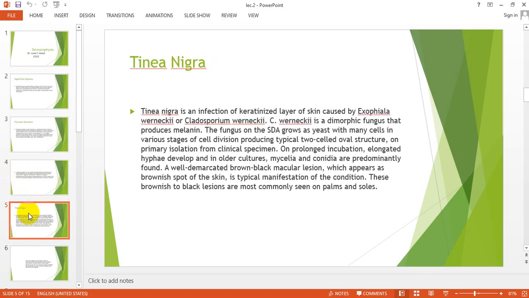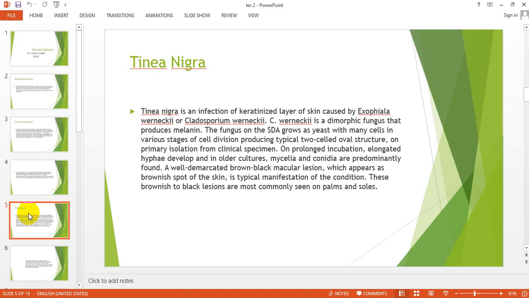Tinea nigra, the second type, is an infection of the keratinized layer of skin caused by Exophiala werneckii or Cladosporium werneckii. Cladosporium werneckii is a dimorphic fungus that produces melanin.